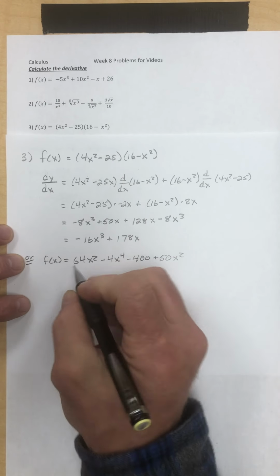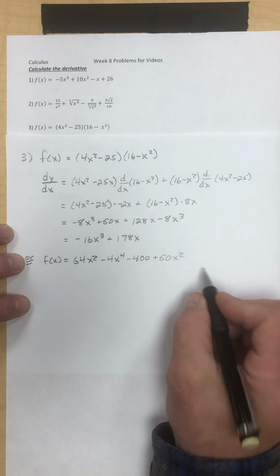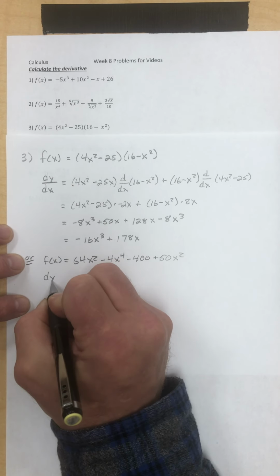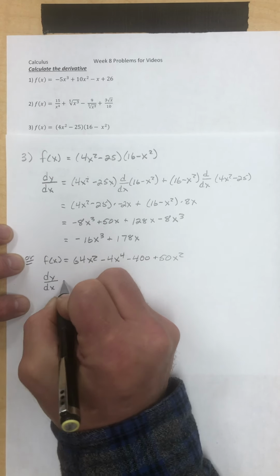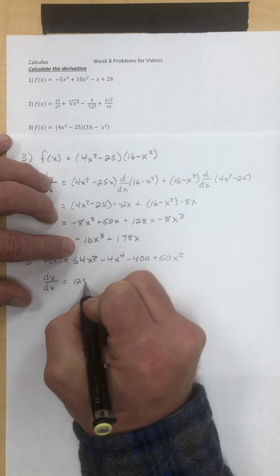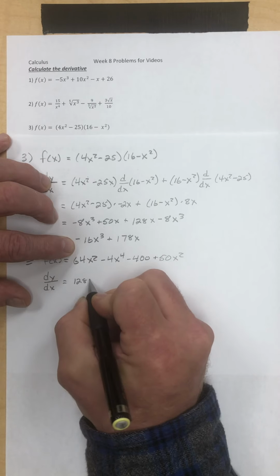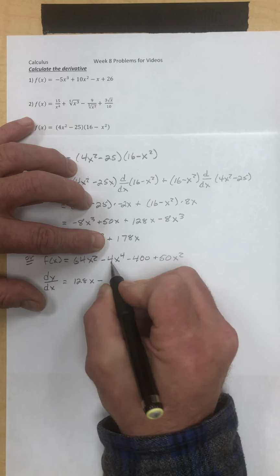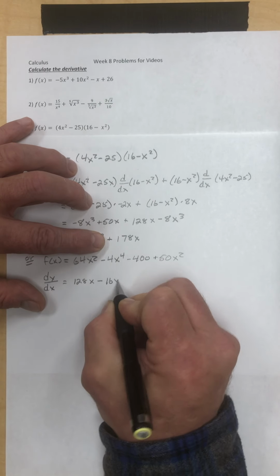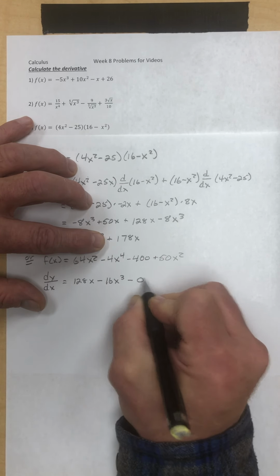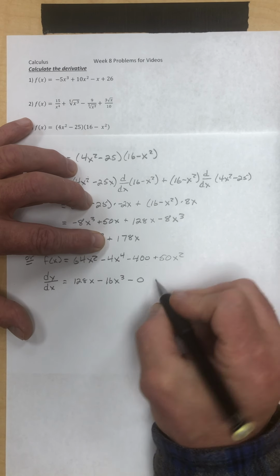If I just take the derivative straight through, f prime or dy/dx, it just depends on what you want to do. This gives me 128x by going 2 times 64, x to the first, minus 4 times 4 is 16, x cubed. This is 0 when I take the derivative because it's a constant.